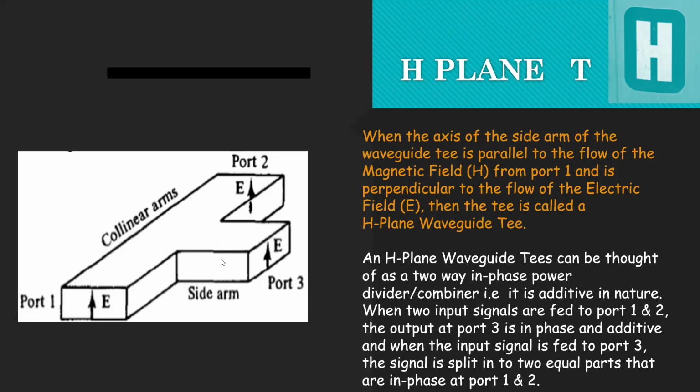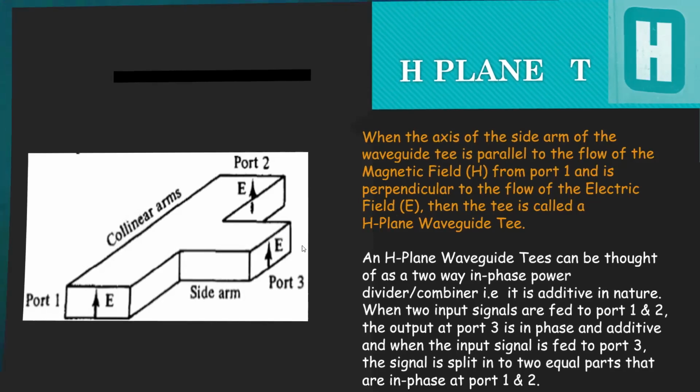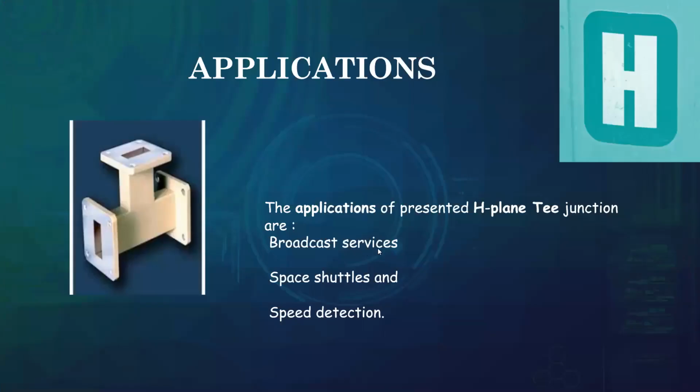When the input is given to port 3, the outputs seen in port 1 and port 2 are in phase and will be additive. The H-plane T is used in broadcast services, space shuttles, and space speed detection.